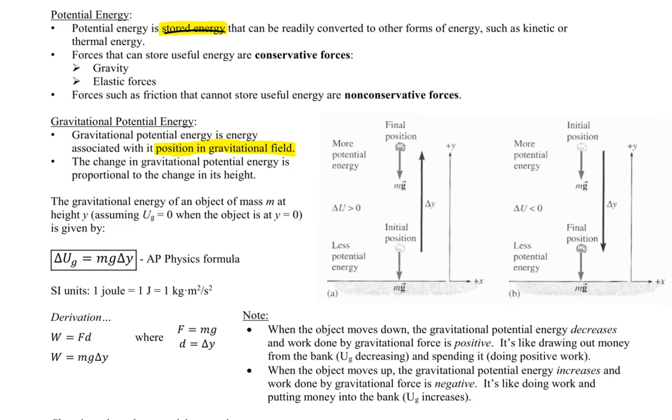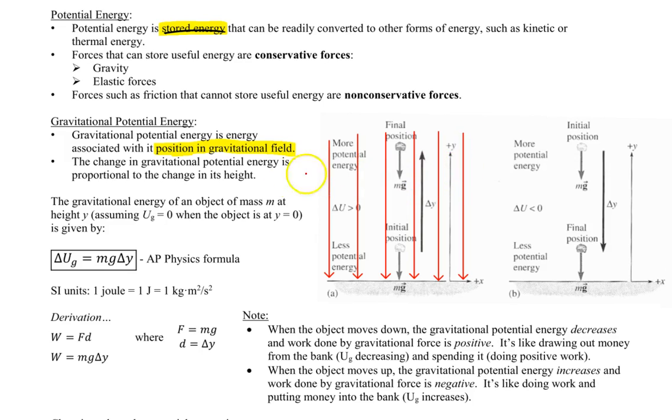Let me draw it for you. These evenly spaced red arrows pointing downwards represent the gravitational field. The strength of that field is approximately 9.8 newtons per kilogram. And since they're all evenly spaced and all pointing downwards, this is what we call a uniform field.